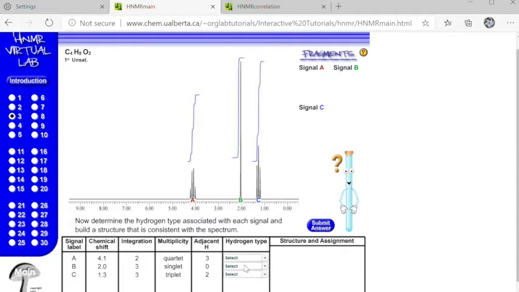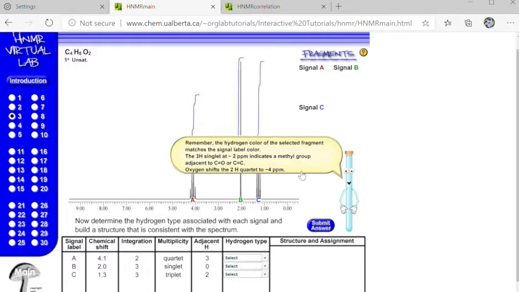So this is the hard part. You are given a whole list of possible hydrogens that could be. And so our little test tube guy over here is going to give us some clues. So let's see what he has to say. It says, remember the hydrogen color of the selected fragment matches the signal label.